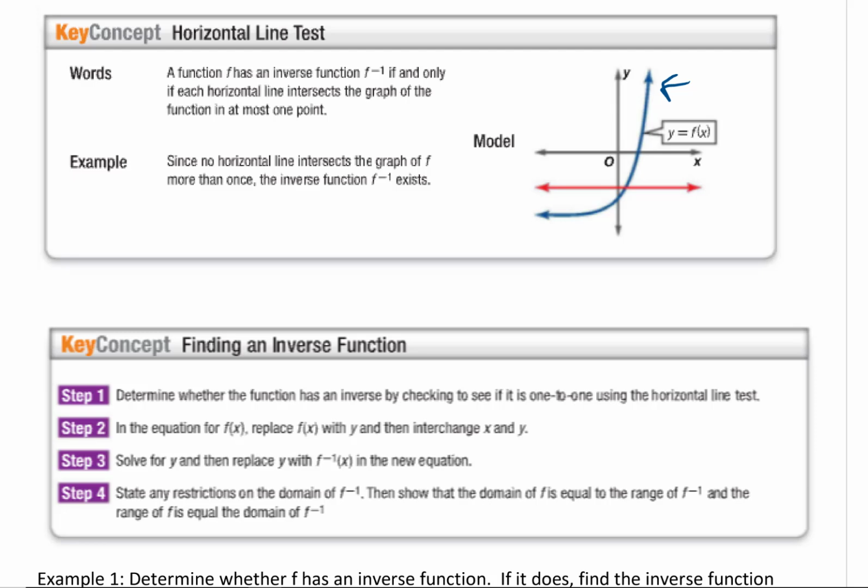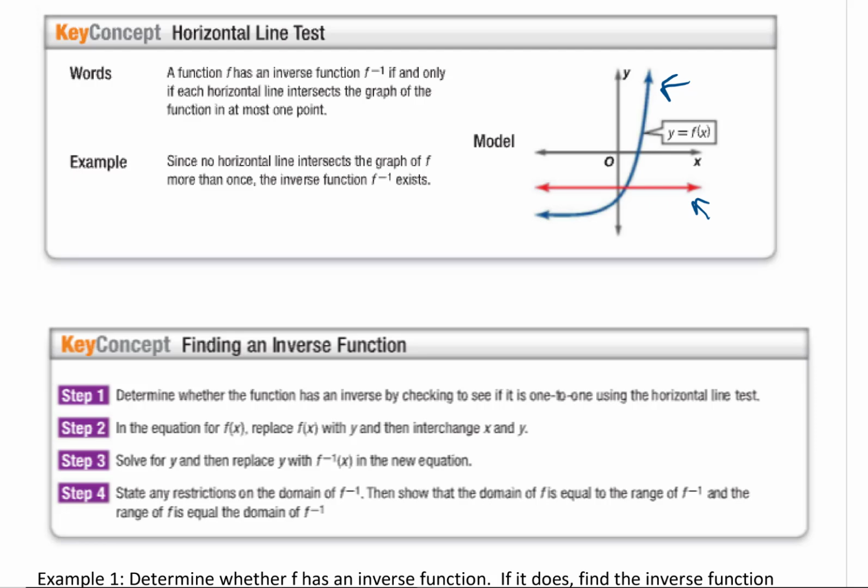If we want to determine if its inverse is a function, we perform the horizontal line test, which is the red line. If the horizontal line only touches the graph in one spot, then the inverse of the original function is also a function.